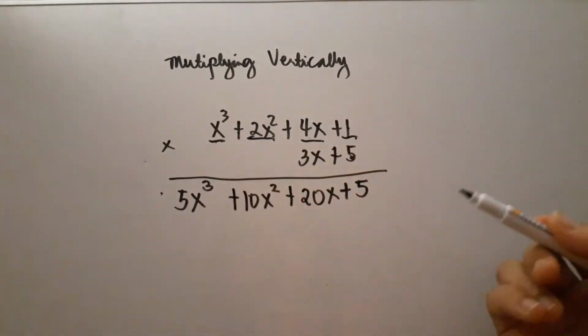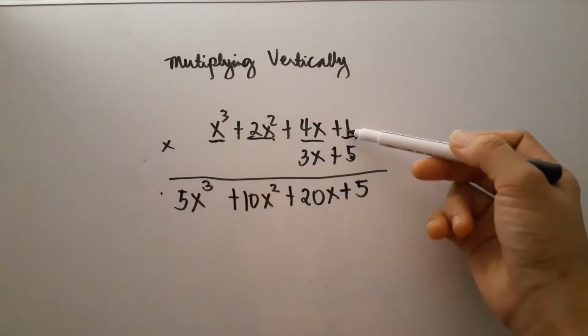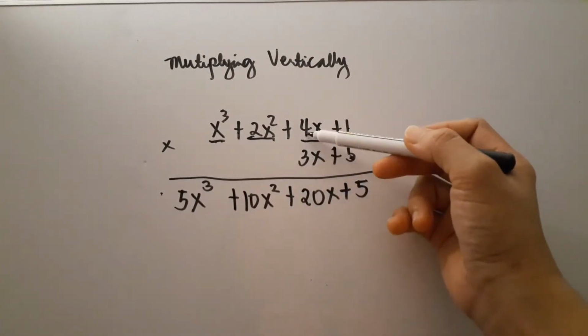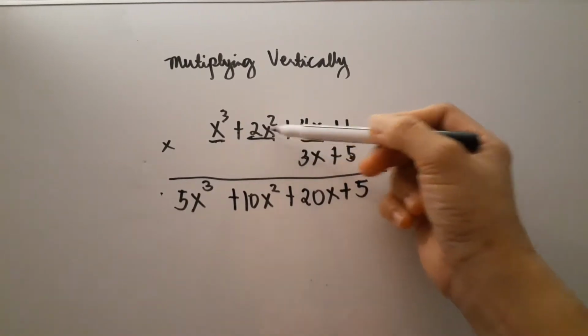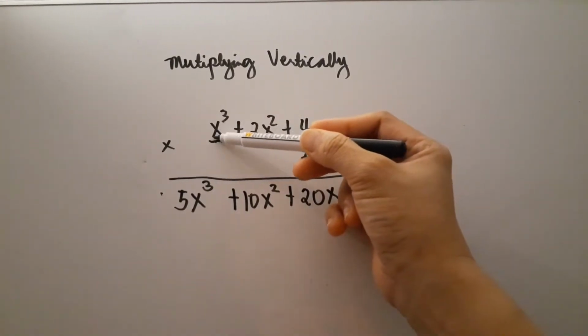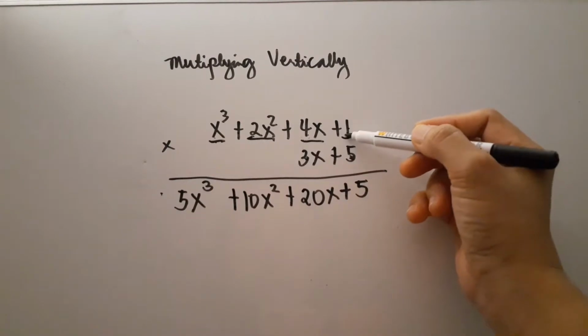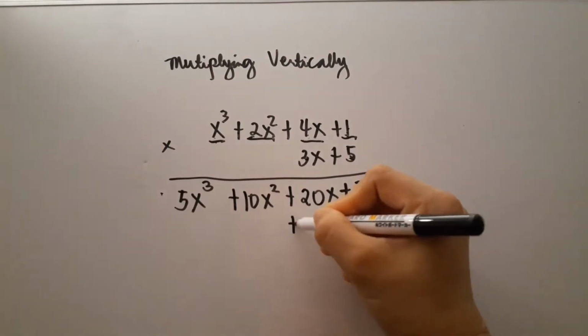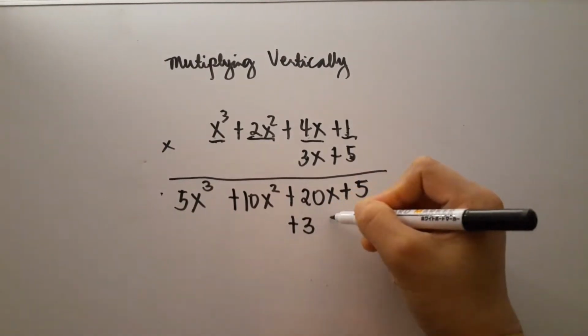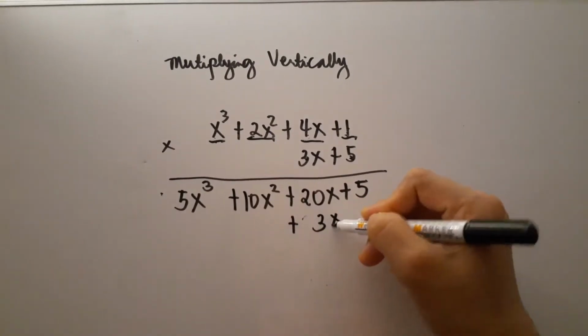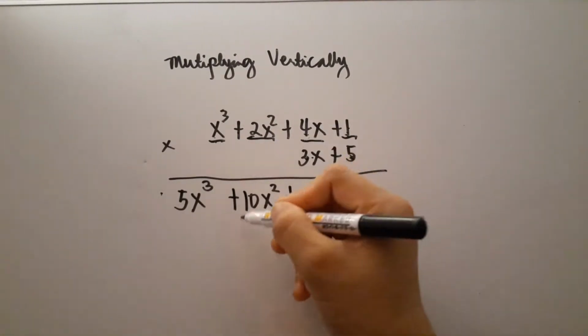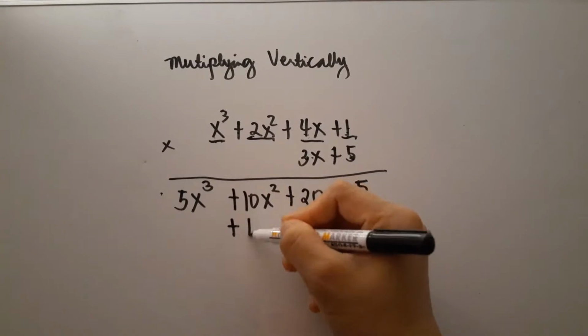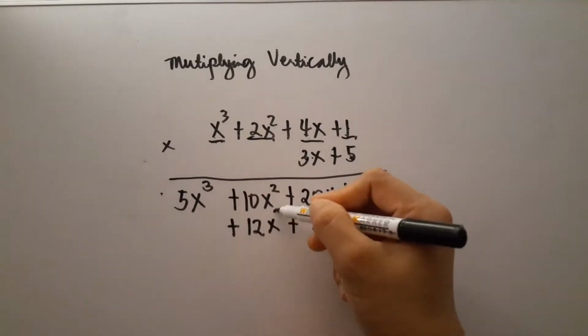And then we multiply the top row by 3x. Let's see, 3x times 1 becomes positive 3x. 3x times 4x becomes 12x squared.